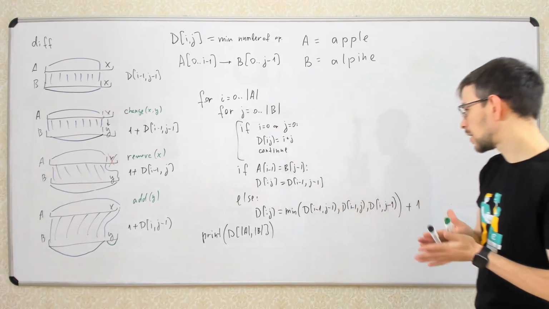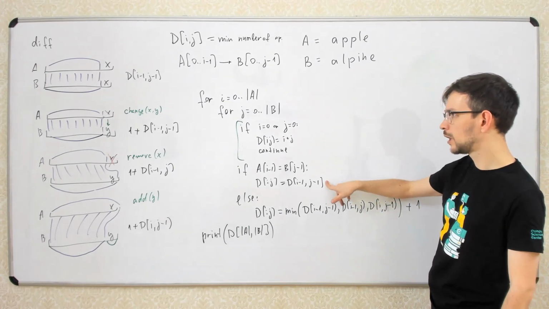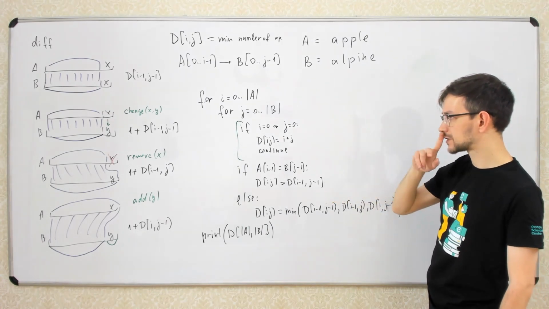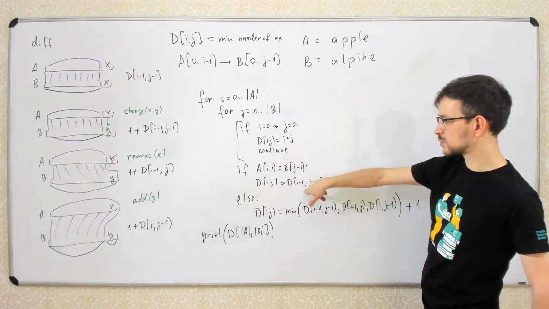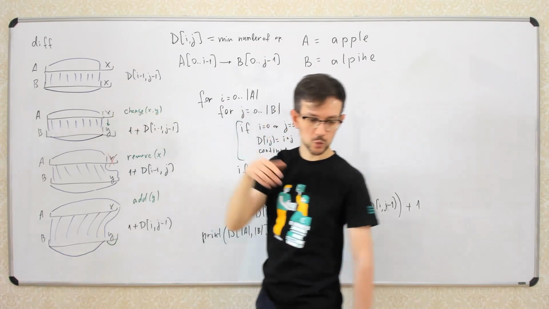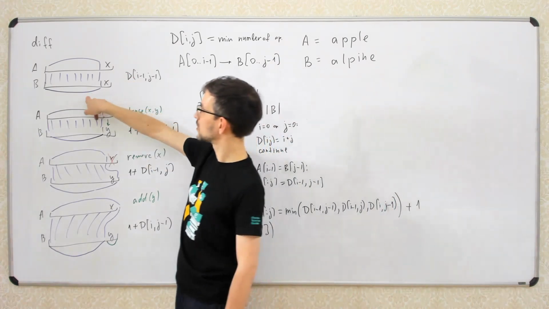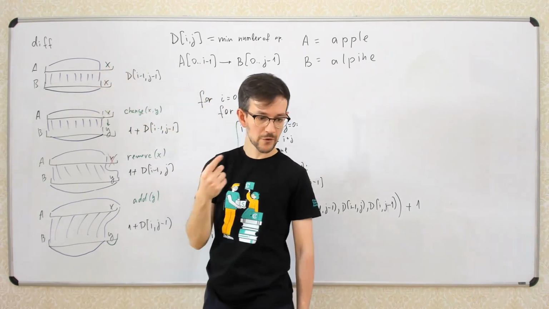I forgot one thing: I don't need plus 1 here, because I don't perform an extra operation. This is the case when we have two same characters. If we have the same character, we don't need one extra operation, so we get this string from this string without performing an operation.